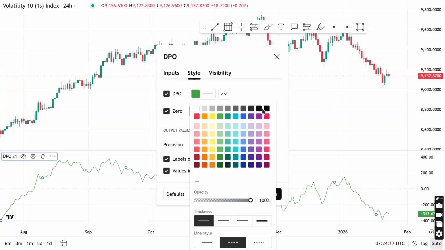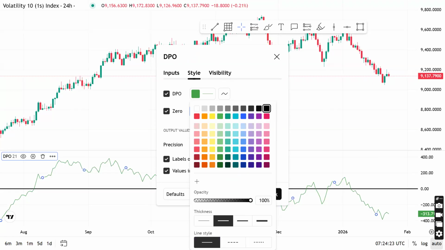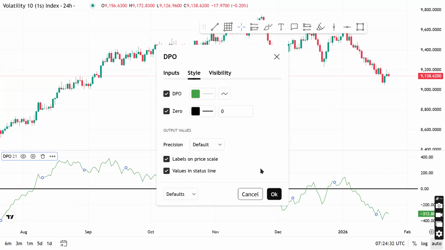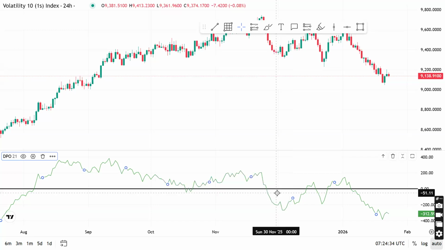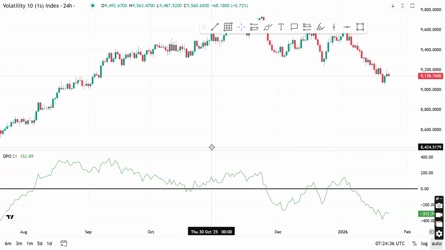Let me make it really dark and then probably increase this thing and make it something like this so that it is a lot more visible for me to relate with. Now, this is the Detrended Price Oscillator. It's simple, you don't have to think too much about analysis.